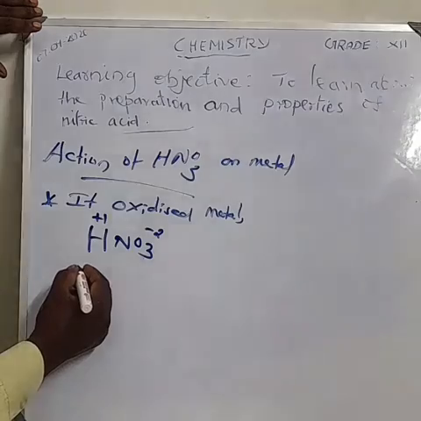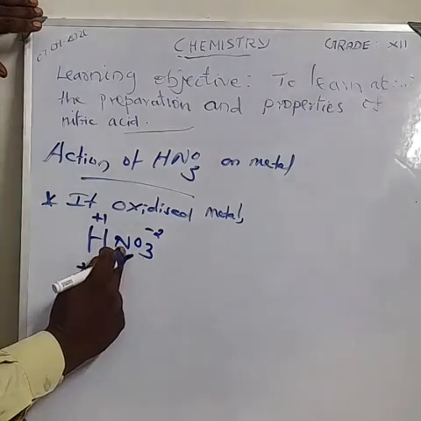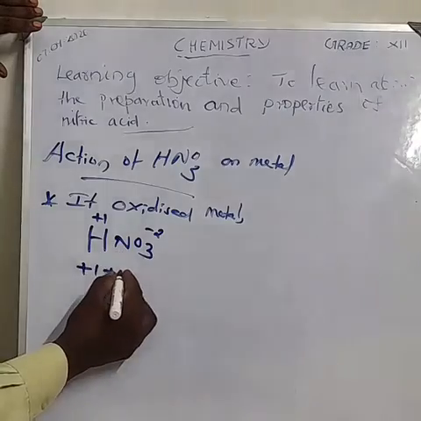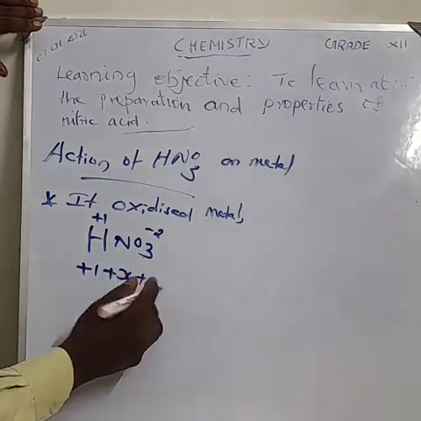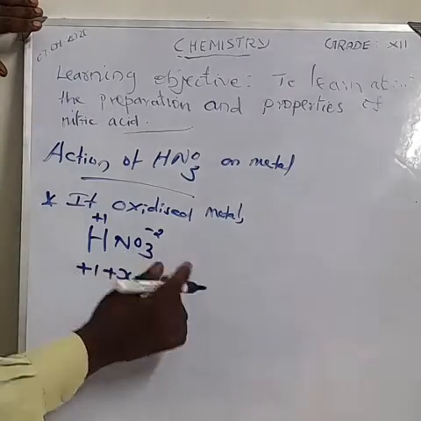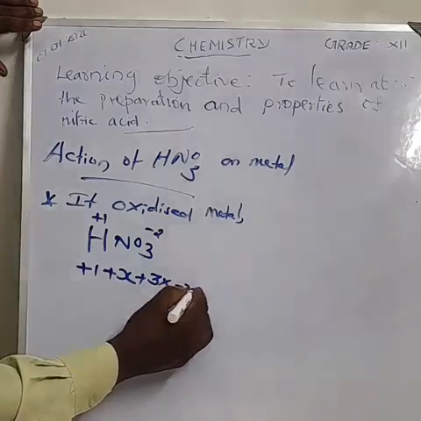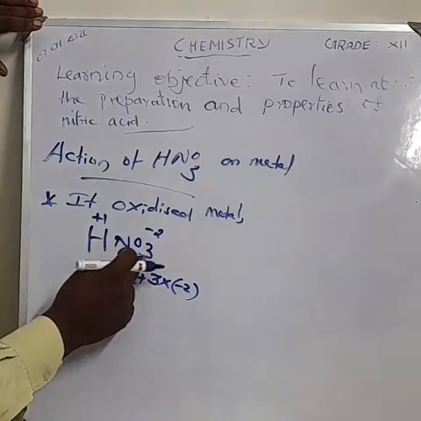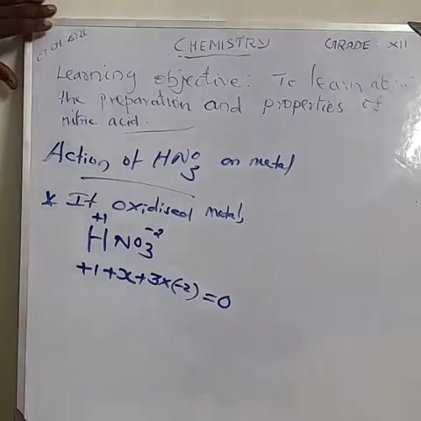Then we write +1 plus nitrogen, which we don't know, taken as X, plus here I have 3 oxygen atoms, so 3 into -2. This nitric acid has no charge, so it is taken as 0.